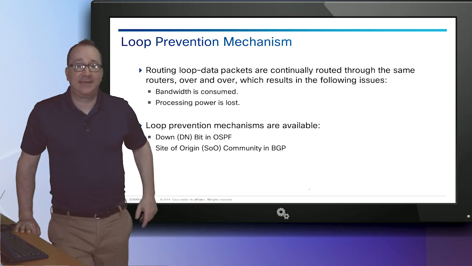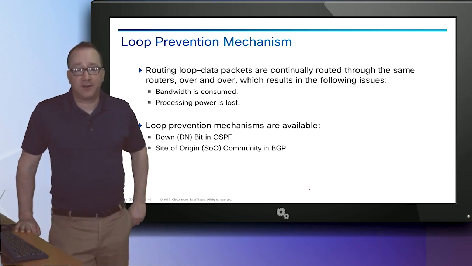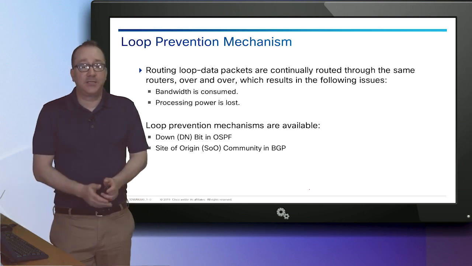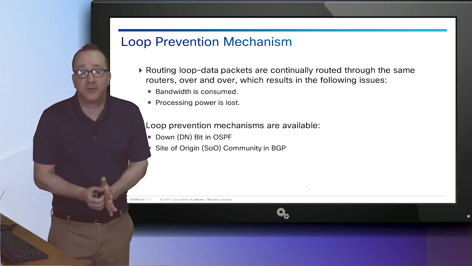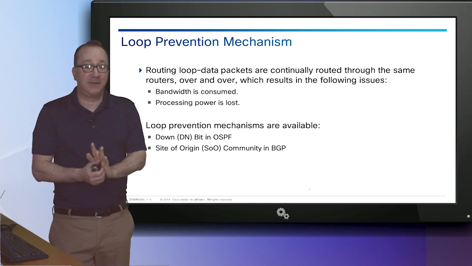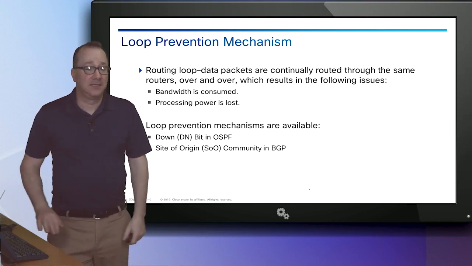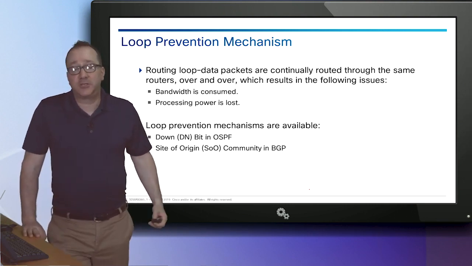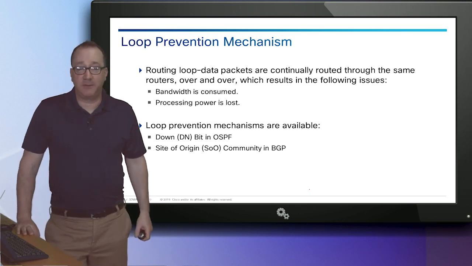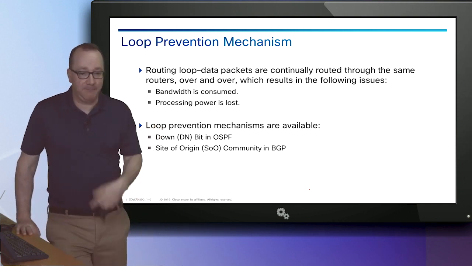A routing loop can have a catastrophic effect on a network, and in some cases, completely disable it. A major portion of the limited bandwidth that is available for normal user traffic on the affected routers is going to be consumed by these looping IP packets. And a major portion of the processing power of the affected routers is going to be used to process those looping IP packets.